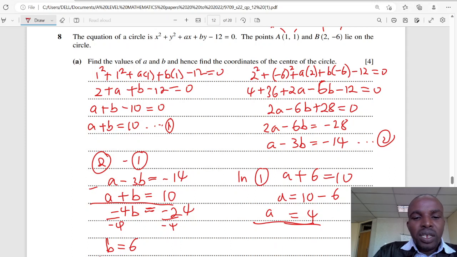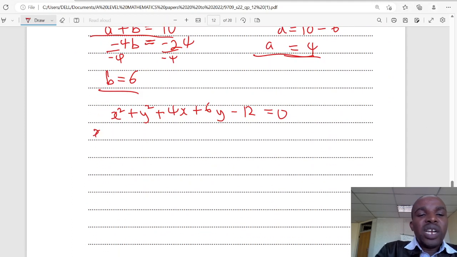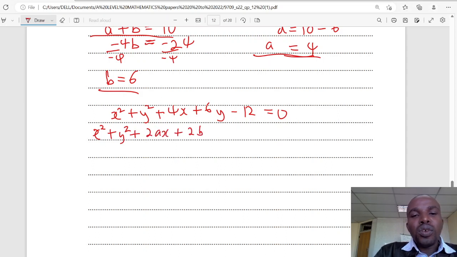Where there's b, you put plus 6y minus 12 is equal to 0. Like this. Now, our equation of the circle is in the form of x squared plus y squared plus 2ax plus 2by plus c is equal to 0. Like this. That's the equation of the circle.